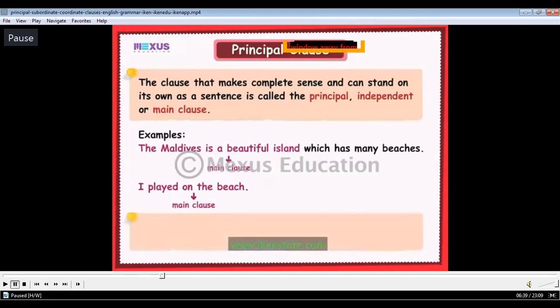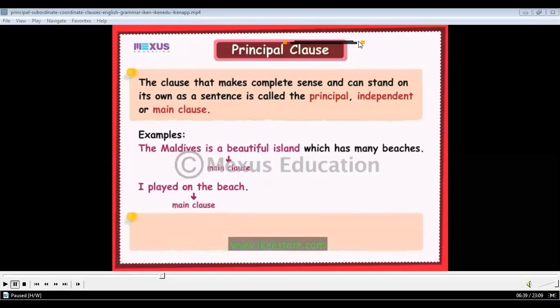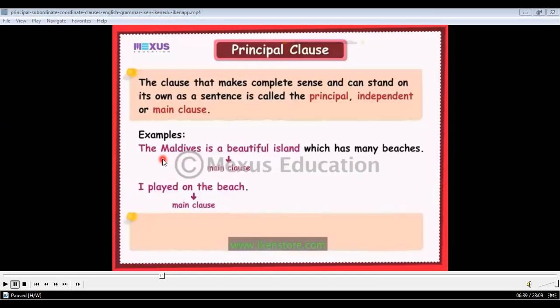So you can see in the example, the Maldives is a beautiful island. If we ignore the second part of the sentence, we can still understand what is meant by the first part of the sentence. The Maldives is a beautiful island. It gives us complete sense. We don't need the other part of the sentence.